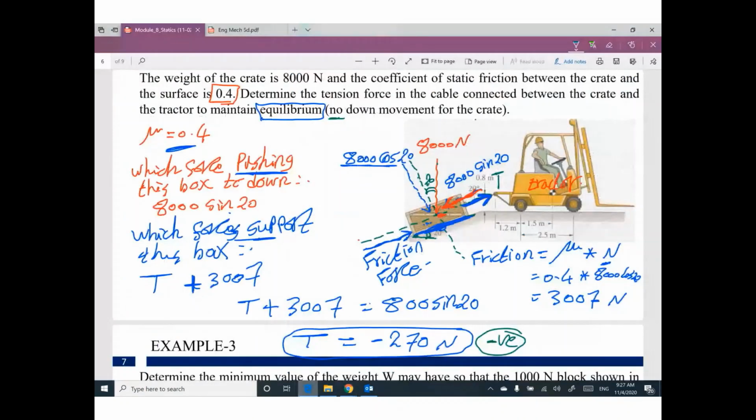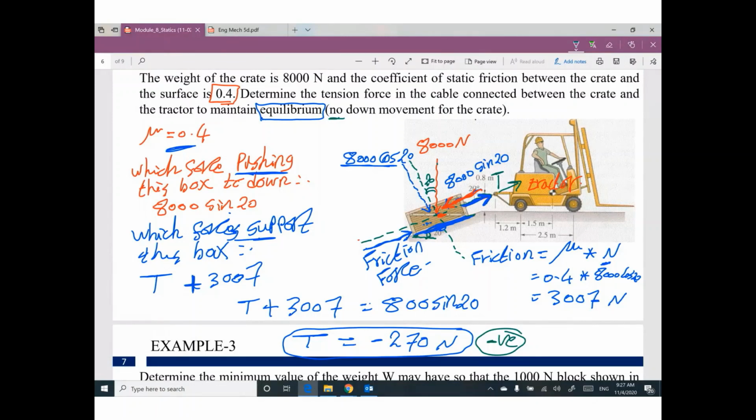I set up my forces, and by the end of the problem, I found T equal to a negative value. What does it mean? T negative means I assumed the wrong direction. So T will not be in this direction, upward, like this.